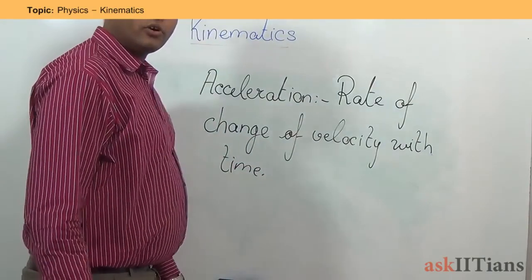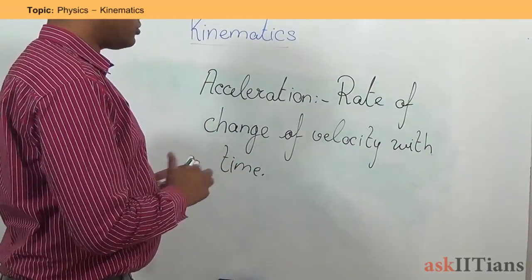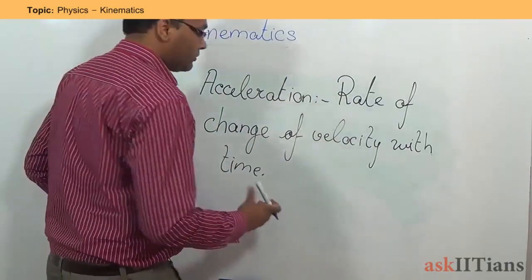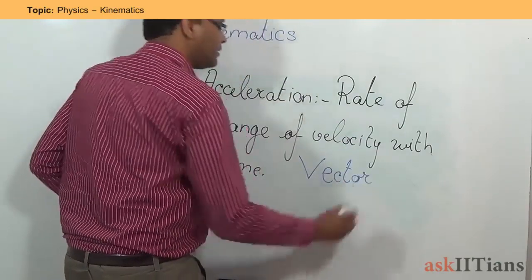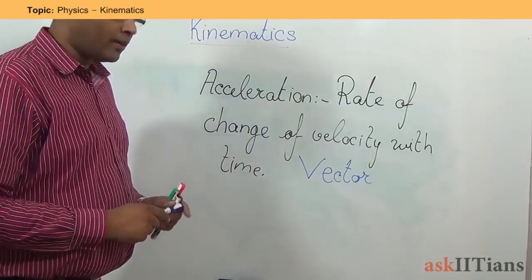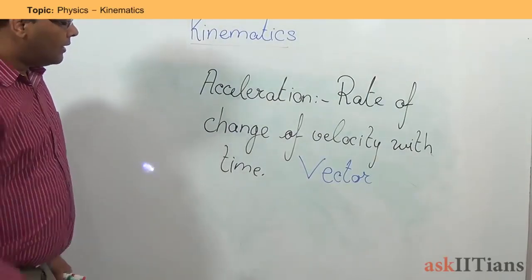Again, since this depends on velocity, velocity being a vector quantity, this is also going to be a vector. So we'll say that this is a vector quantity. Fine. Okay. So far so good.